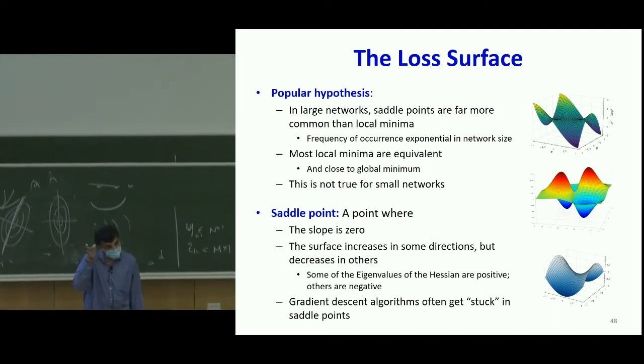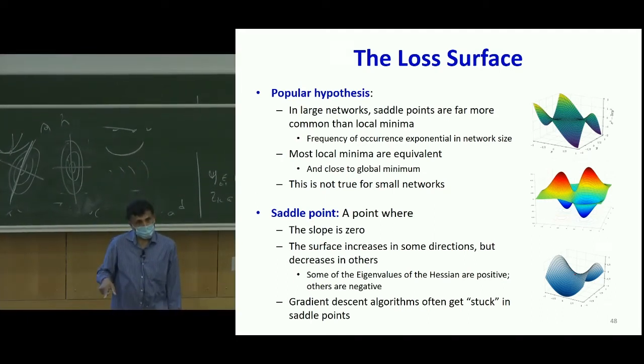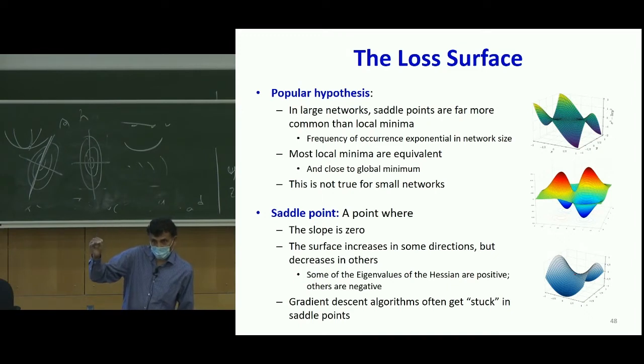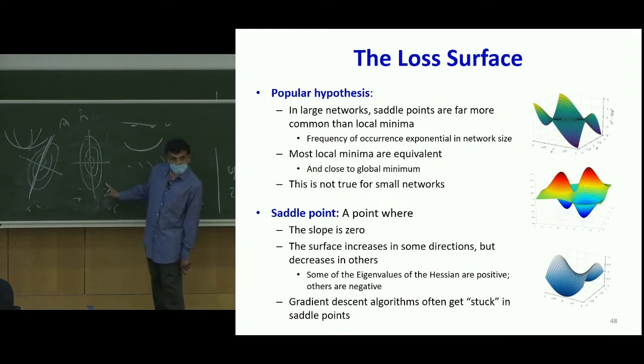Now the second derivatives along the principal coordinates of your function are the eigenvalues of your Hessian matrix. When you compute a Hessian for a function like this, the Hessian matrix is going to be diagonal, and the diagonal terms are going to be the coefficients of the second derivative.